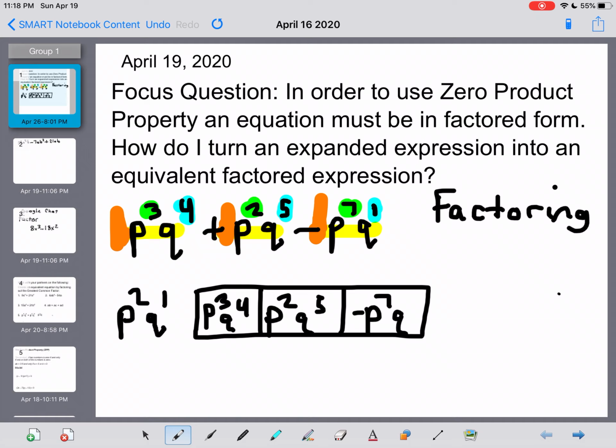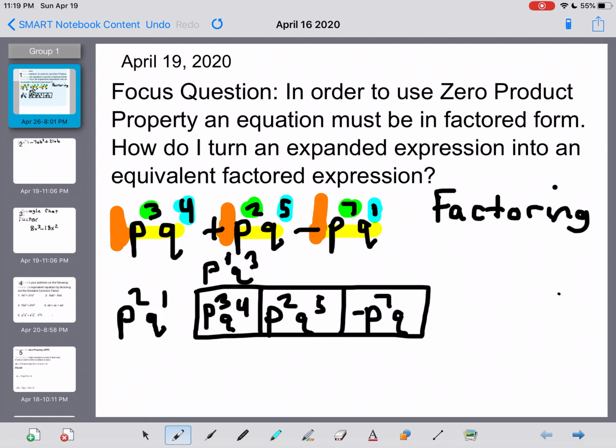So let's think about this. We divided out p squared q to the first power. If I think of this, to go from p squared q to the first power to p to the third q to the fourth, I would have to multiply that by p to the first power, q to the third power.